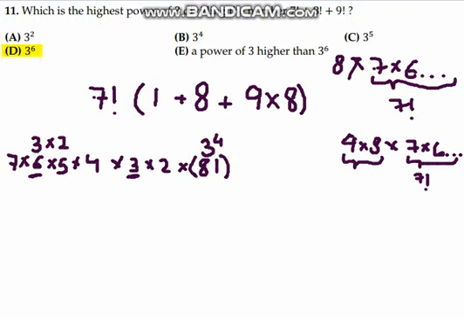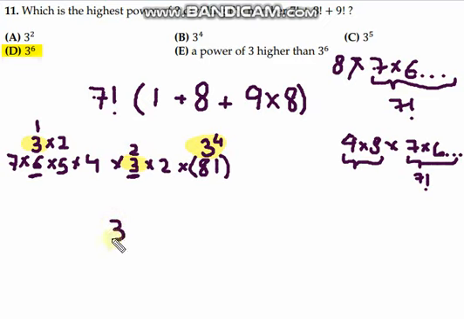Okay, so let me highlight all of these. That's 3, another 3, and this is 3 power 4. So the total powers of 3 dividing this number are, this is 1 3, that's 2, and these are 4 3s.